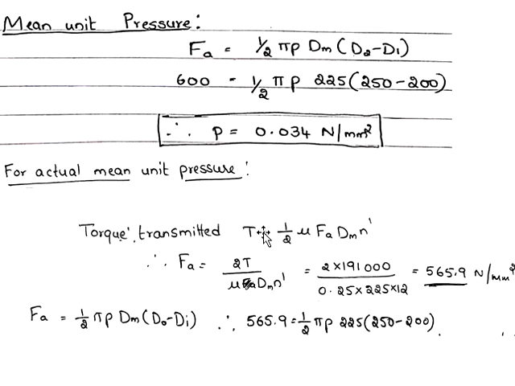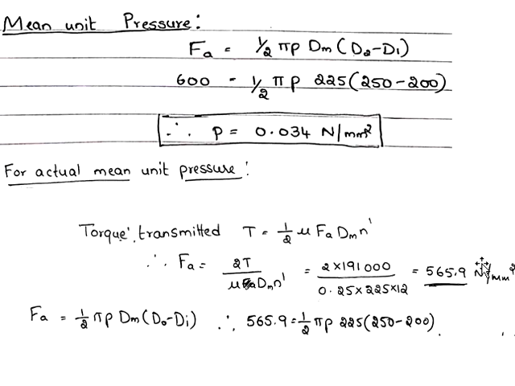In this torque equation, torque from step number 1, mu is given in question, dm is known, n dash is 12. After substituting all these values, you will get an FA value which will be nearer to the given value. The given value is 600, but the actual FA value is almost nearer to 600. You will get FA value as 565.9 Newton.